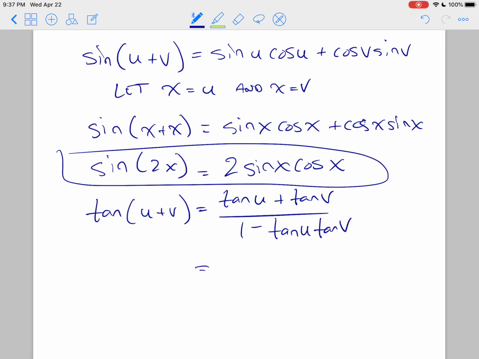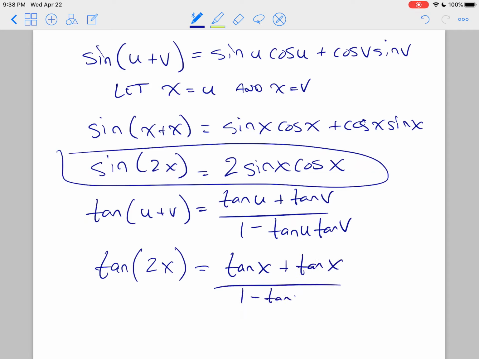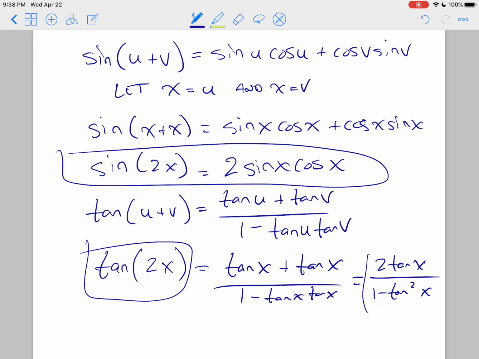If we substitute in x for u and x for v, we get tan of 2x, which is a double angle. So that gives us tan of x plus tan of x over 1 minus tan x tan x, which is 2 tan of x over 1 minus tan squared of x. So that's the double angle formula for tangent.